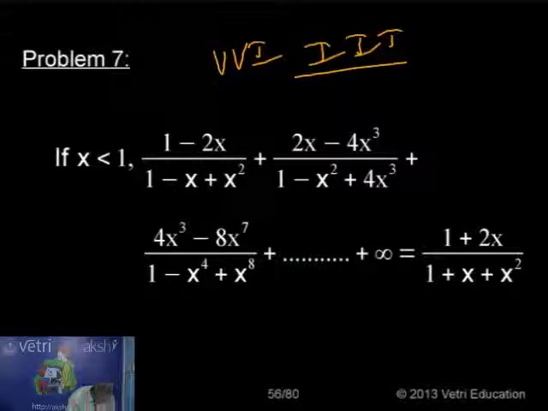See, first of all, we'll analyze the problem. How to analyze the problem? That is, x is less than 1. What for is it given? Whenever some condition is given, necessarily we have to make use of that condition. x is less than 1. 1 minus 2x by 1 minus x plus x square plus 2x minus 4x cubed by 1 minus x square plus 4x cubed, 4x cubed minus 8x power 7 by 1 minus x power 4 plus x power 8, etc., up to infinity.